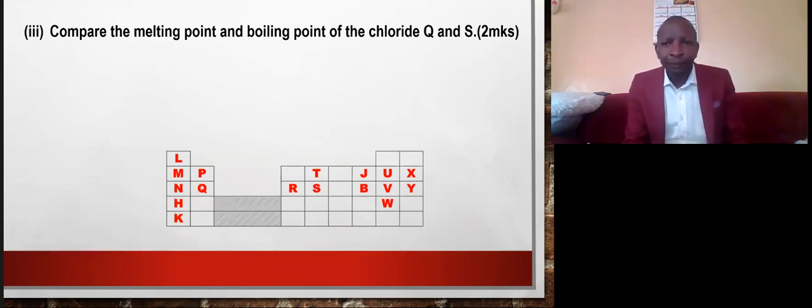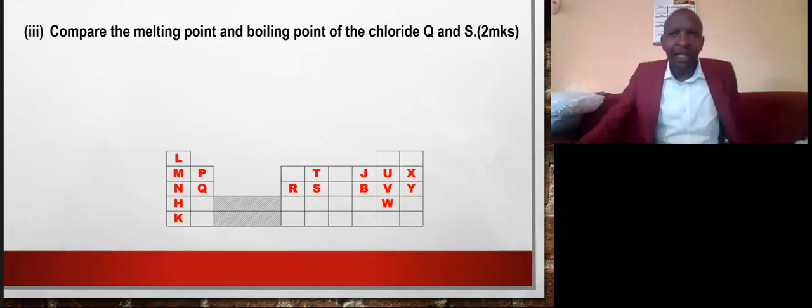This is because the chloride of Q has ionic structure which are held together by giant ionic bonding, while the chloride of S has simple molecular structure with weak van der Waals forces.